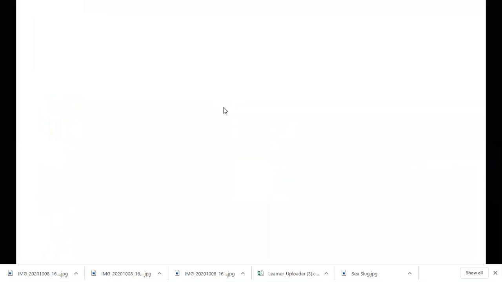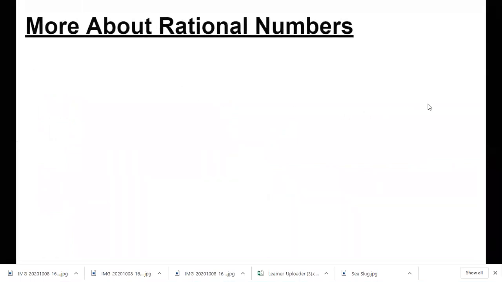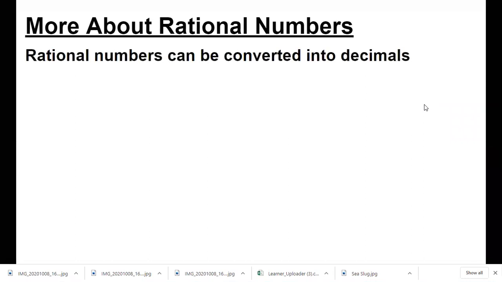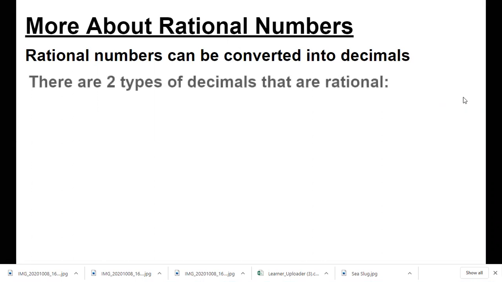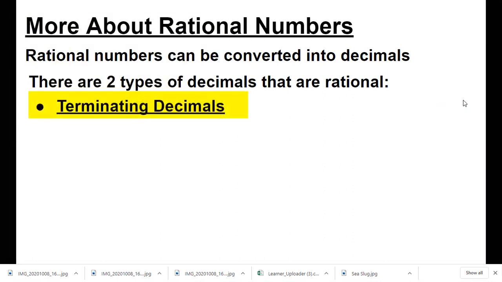So let's move on. More about rational numbers. Rational numbers can be converted into decimals. That's what we're going to be working on. There are two types of decimals that are rational. The first type are terminating decimals. Remember I said if it starts a pattern and repeats again, you can stop dividing, right?